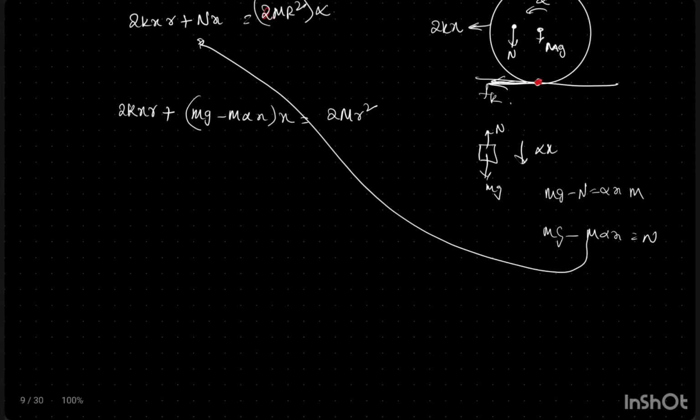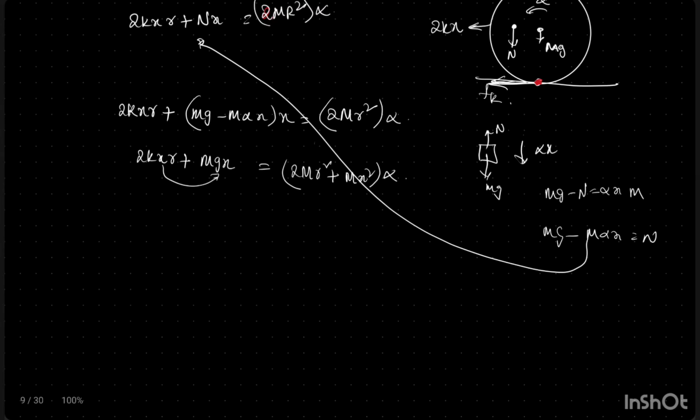2m r square into alpha. 2kxr plus mgx equal to, sending this to that side again, same story, 2m r square plus m x square into alpha.